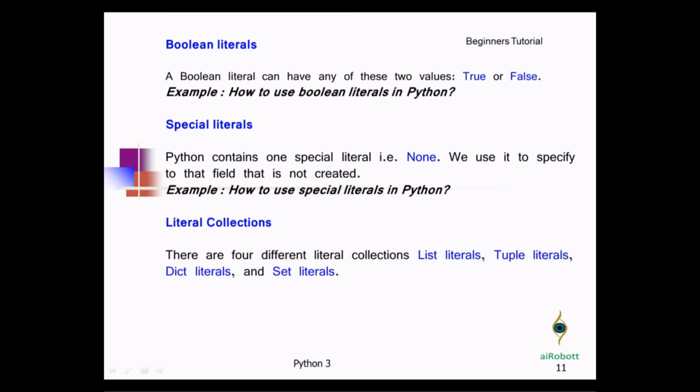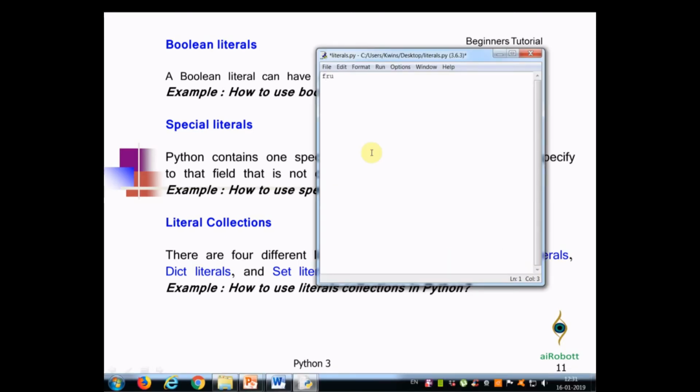Now see what literal collections are. There are four different literal collections: list literals, tuple literals, dictionary literals, and set literals. Let's see one example here. Fruits is a variable.